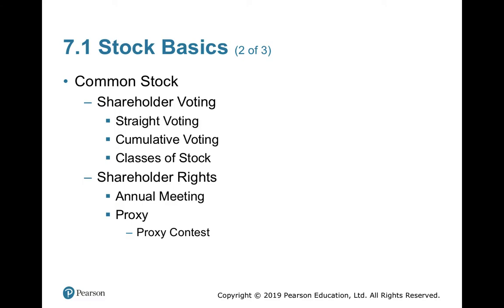Now they decided to elect 10 directors. So total shares are 1000, number of directors are 10, therefore 10 multiplied by 1000 is equal to a total of 10,000 votes. Out of 10,000 votes, Muhammad got 6,000 votes, 60%, Ahmad got 4,000 votes, 40%.